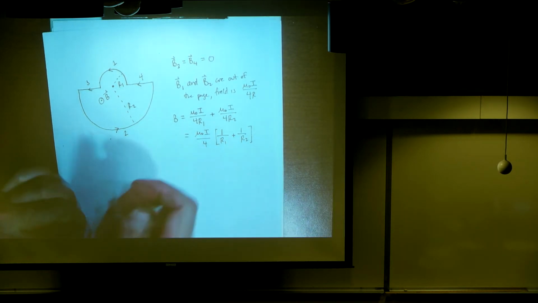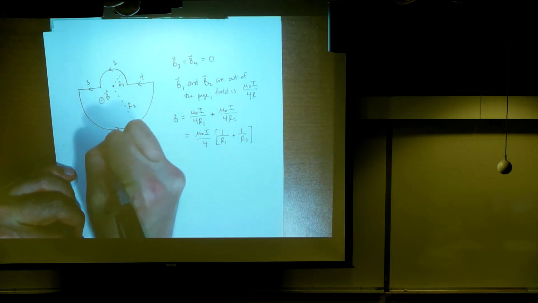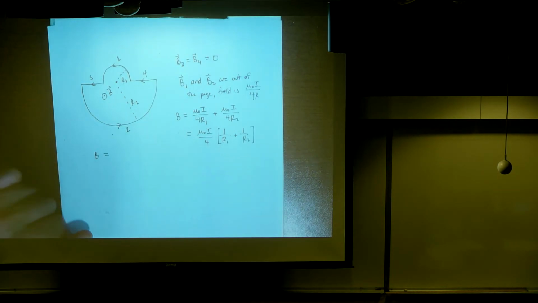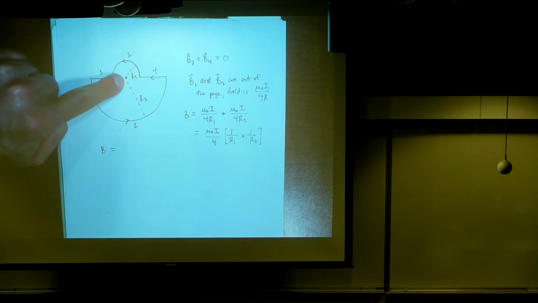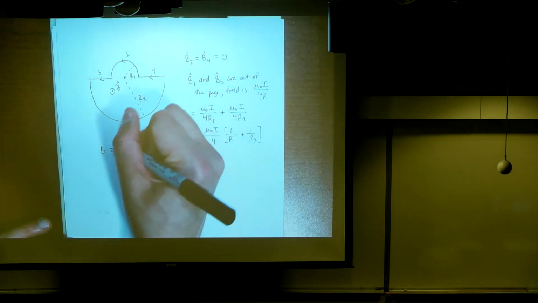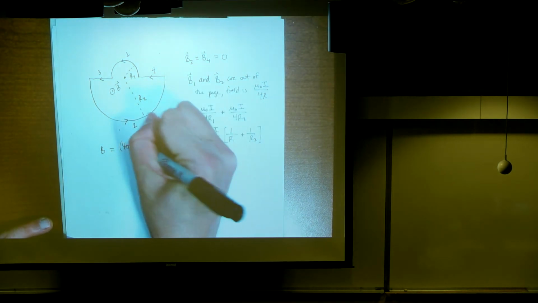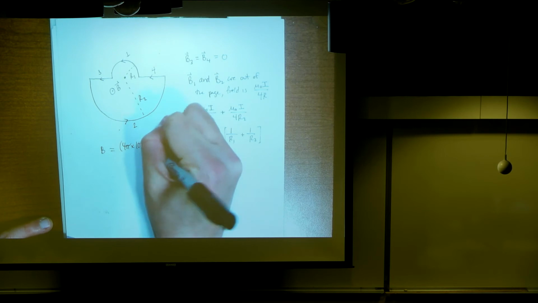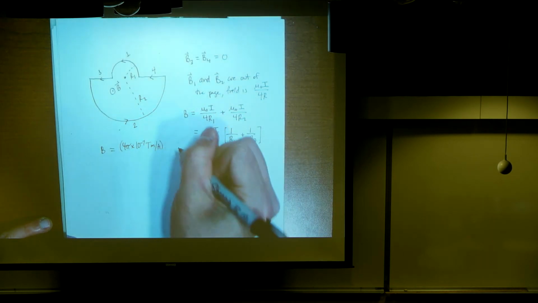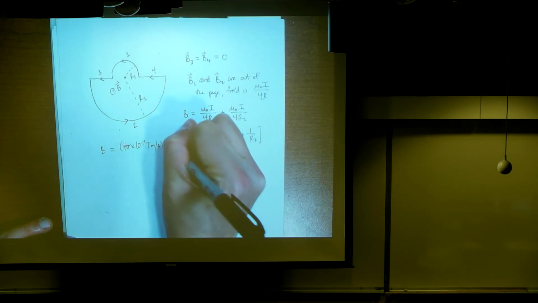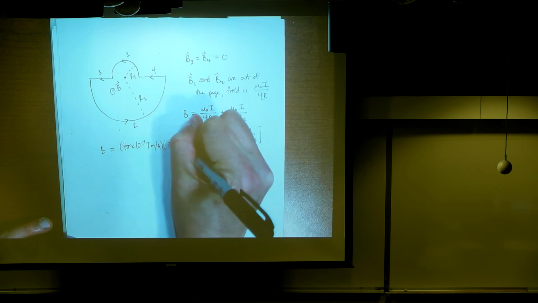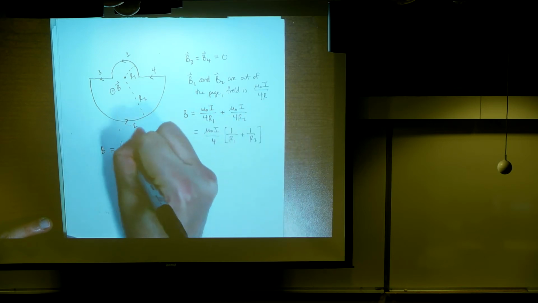And now we're ready to plug in some numbers. So B, the magnetic field strength that we're looking for at the center right here, is equal to mu naught, which is 4 times pi, times 10 to the minus 7 Tesla meters per amp. The current is 3.65 amps, that's I. And then we divide out 4.